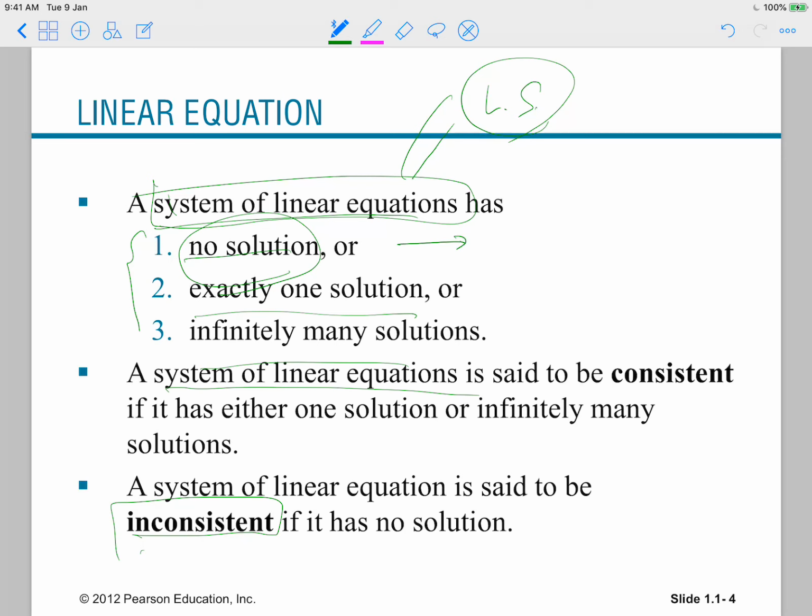And for the other 2 cases, where we have at least one solution, whether unique or infinitely many, we call it a consistent linear system.